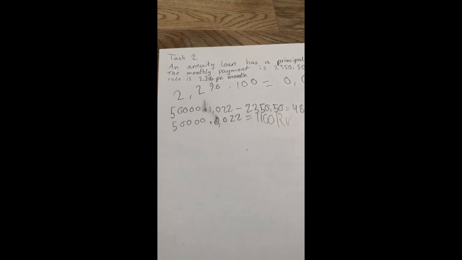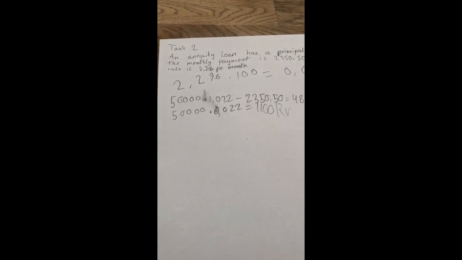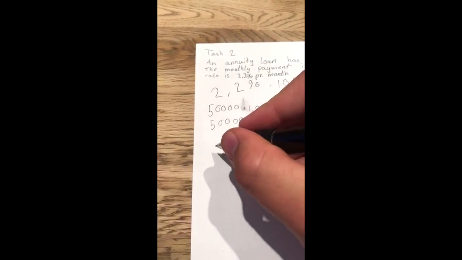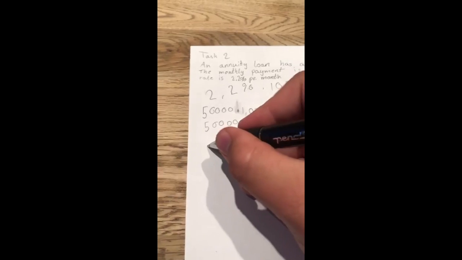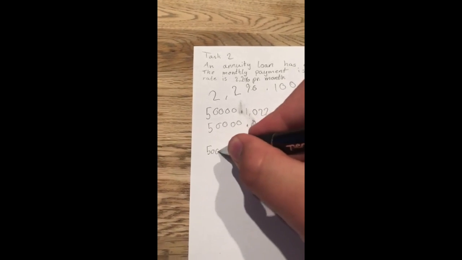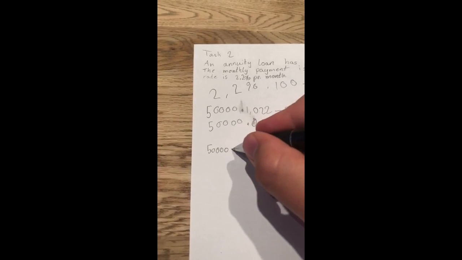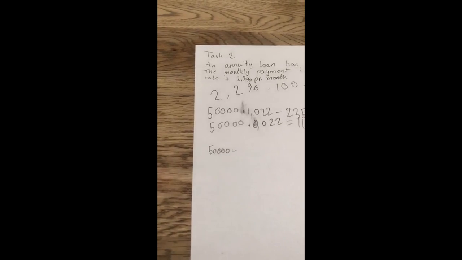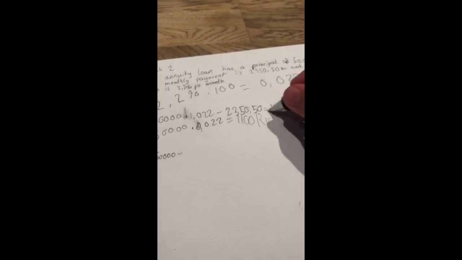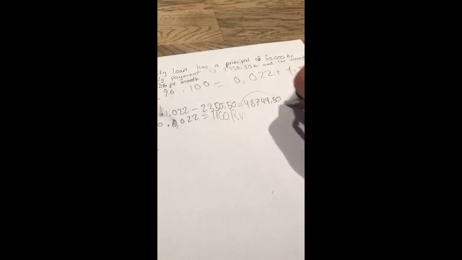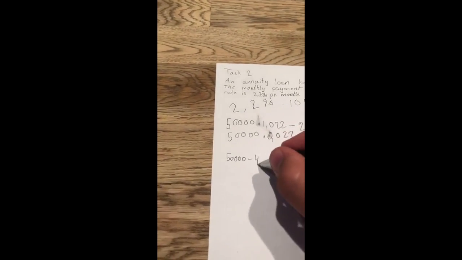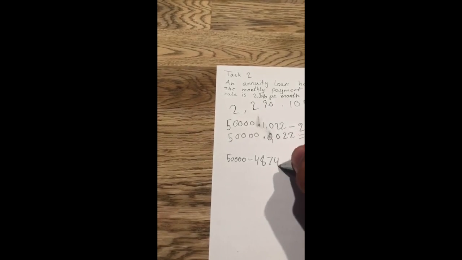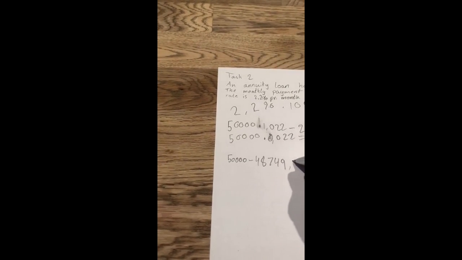Now to find the installment, we have to take the principal and subtract the remaining debt. So the principal is still 50,000, and then we subtract the remaining debt, which is 48,749.50.